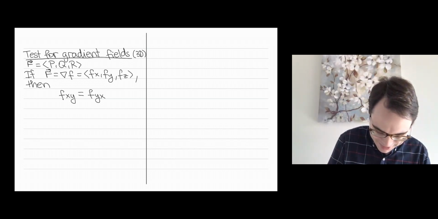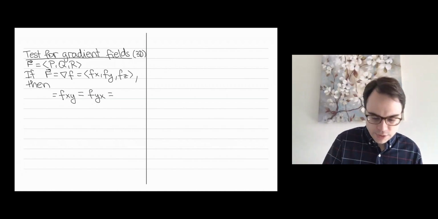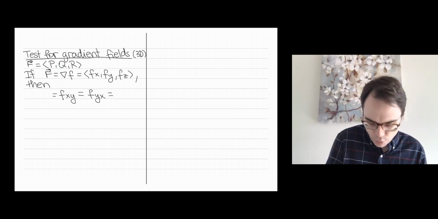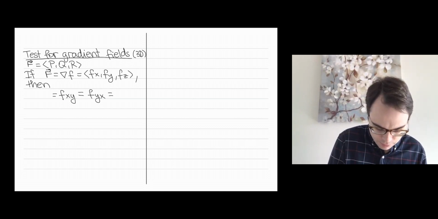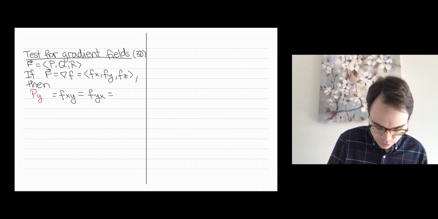So let's see what this is telling me about the components of the original vector field. We've already seen this, right? So f sub x is p, so this is p sub y is equal to q sub x, because f sub y is q.